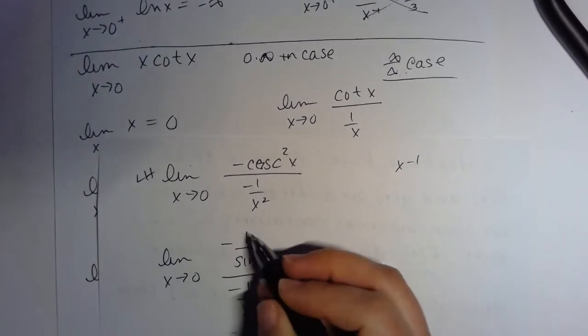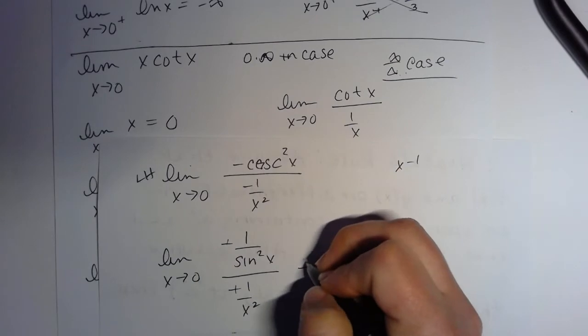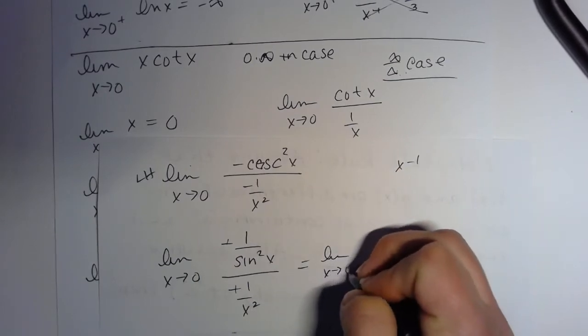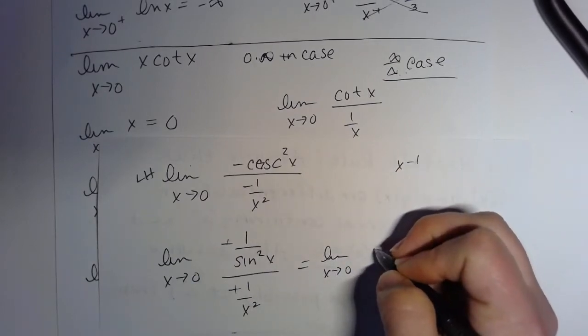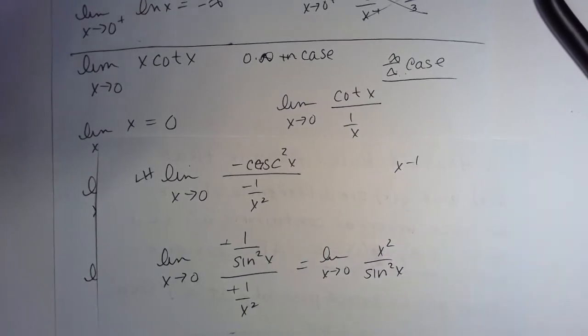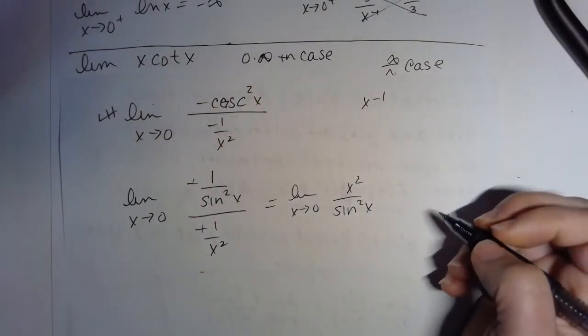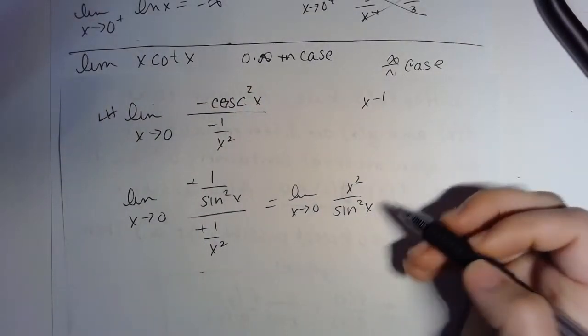And so my negatives are going to cancel each other out. And when I invert and multiply this, I'm really going to get the limit as x approaches 0 of x squared on top, sine squared on the bottom. Right, now I have another 0 over 0 case.